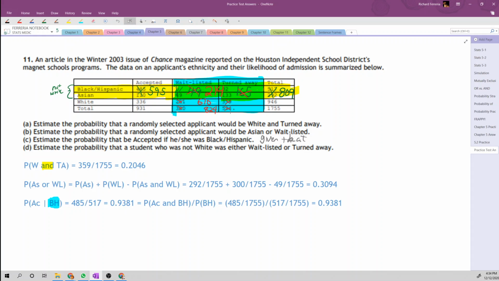to figure this out. So now for letter D, we're going to estimate the probability that a student who was not white was either waitlisted or turned away. So reading through this carefully again, a student who was not white. So this is given not white.